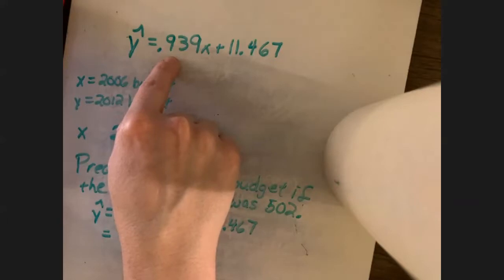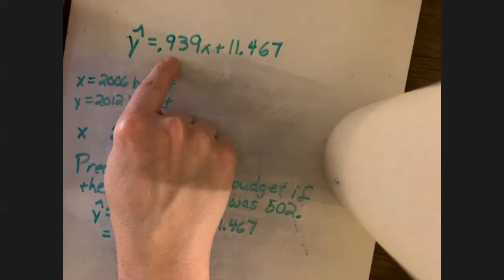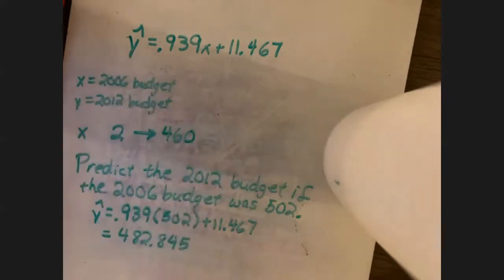So you would get 0.939 of it. You've got to watch the way that works, and with budgeting stuff, it does seem a little bit strange.